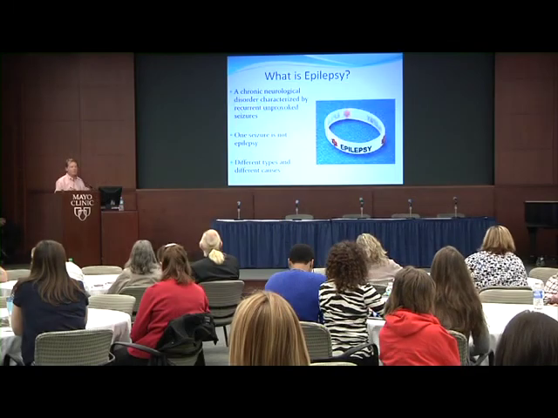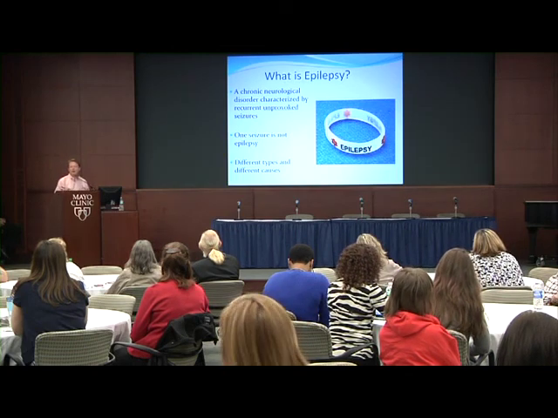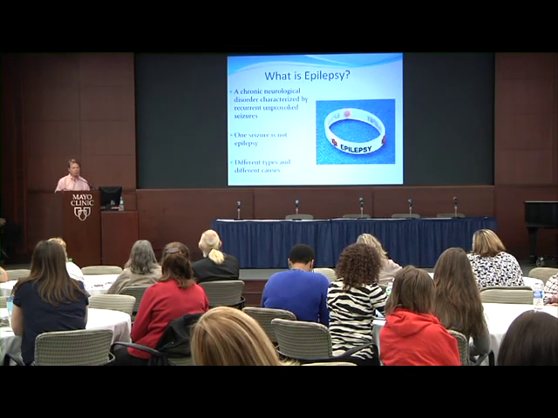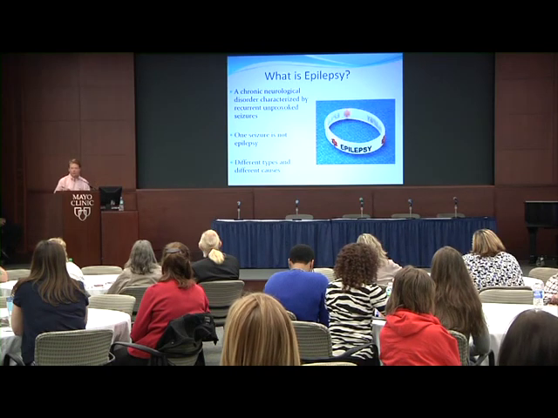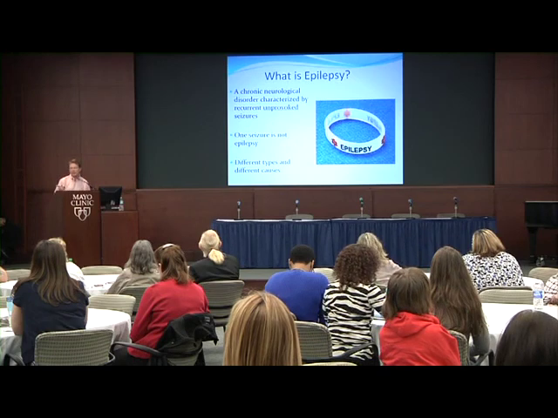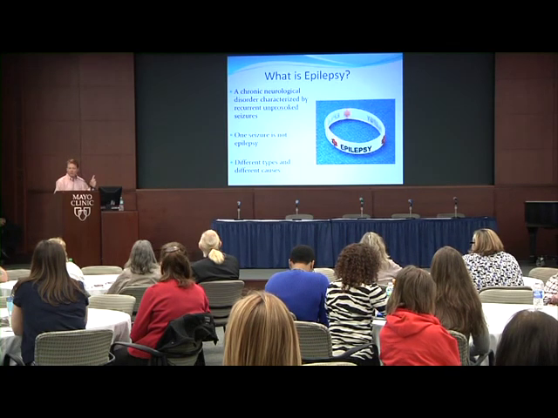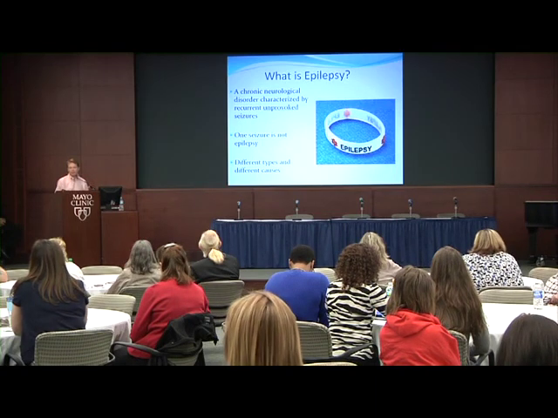When you have a pattern of seizures, when you have recurrent seizures, then we use the word epilepsy. Some doctors will say seizure disorder, some will use epilepsy. Sometimes that's just a little bit of wordsmithing, but it's all about the same thing. So one seizure all by itself is typically not considered epilepsy.